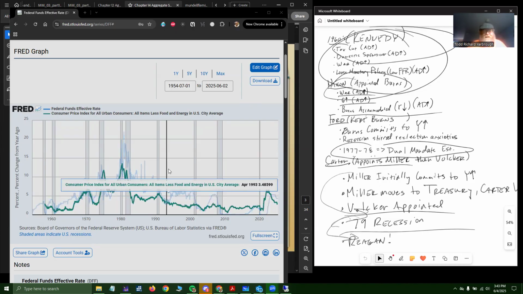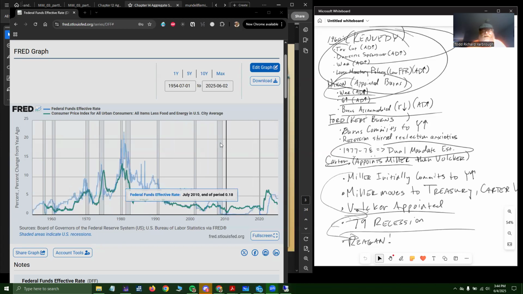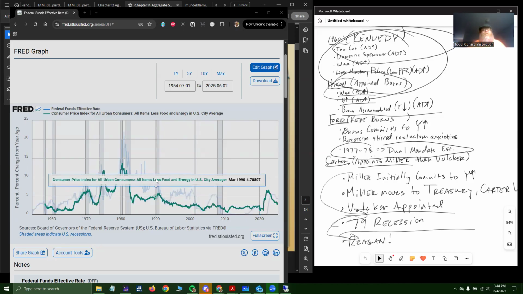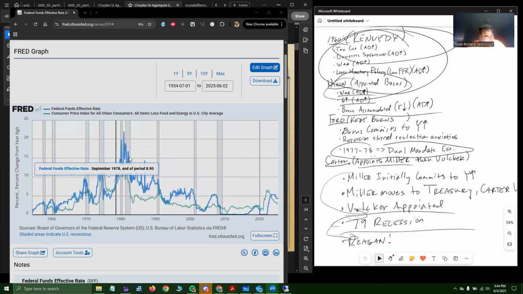If you just look at the U.S. economy post the 1980s, it's a remarkable era of low federal funds rate and low inflation. So that means the U.S. economy is very pro-investment, but not very pro-inflationary over that particular time period. And I think the argument would be that the reason why we were able to experience this relative stability is because of a lot of the lessons we learned during this time period.